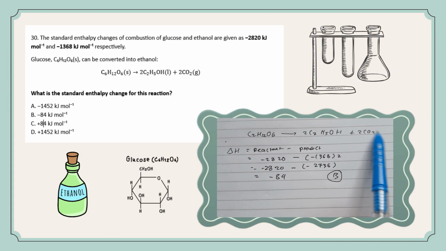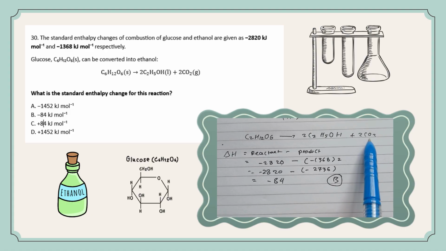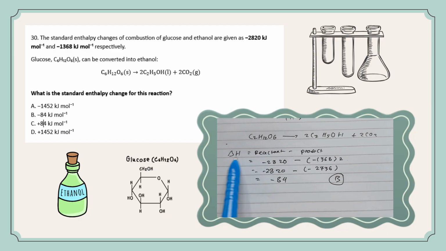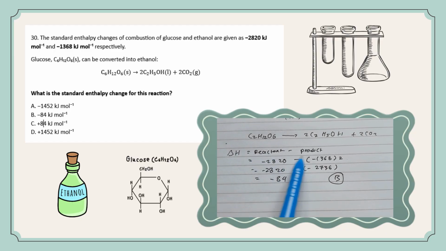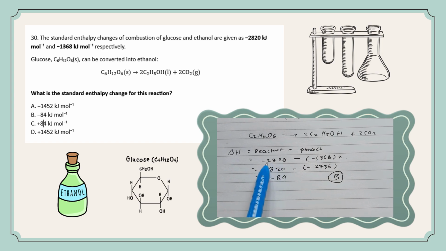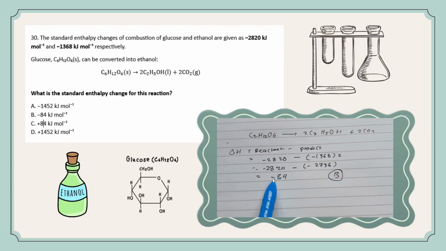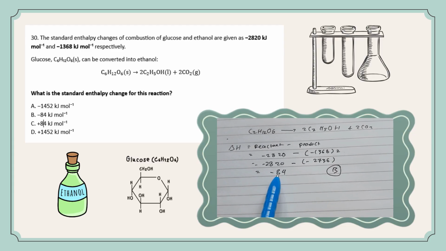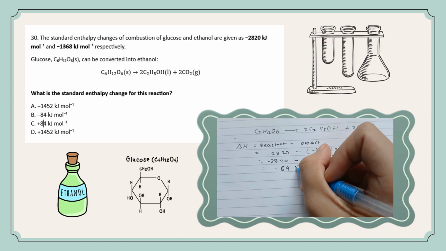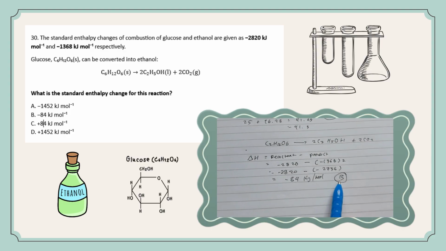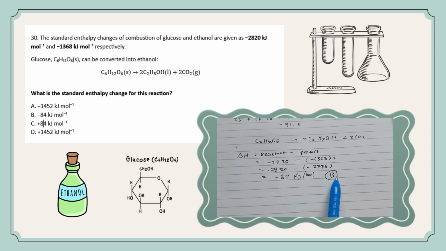And we don't have to calculate the carbon dioxide, because it is just an excess. Okay, so we have enthalpy change equals reactants minus products, and we insert the values and we get minus 84 kilojoules per mole. So for number 30, the right answer is option B.